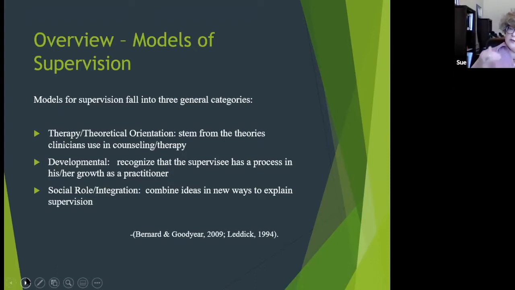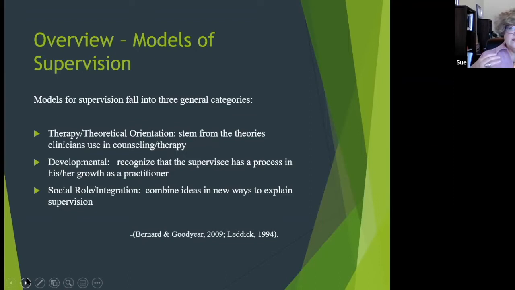And I want to talk about the models. The reason I wanted to even present the models is because ethically, we are understanding more and more that you need to have a foundational understanding of where you're coming from as a supervisor. Just like as a clinician, you have the theories that you're ascribing to, that you're building your clinical practice upon. You also want to have a model for supervision that you're working from.